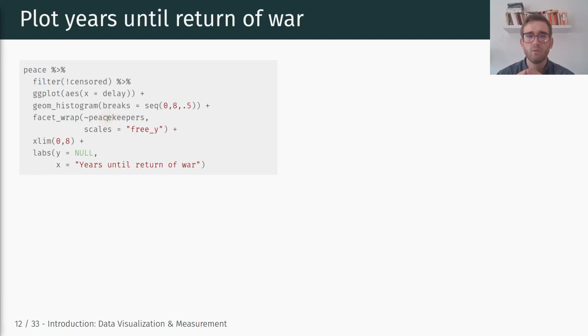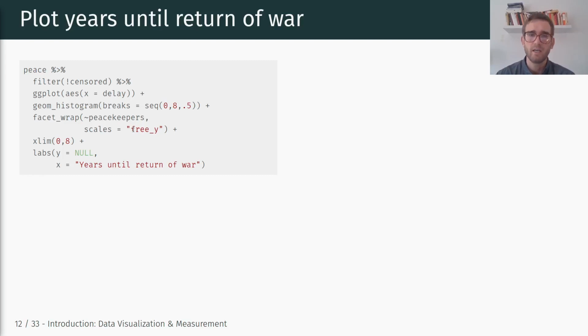We then want to separate this histogram by peacekeepers, for which we use the facet_wrap command, so that we have this comparison between countries with UN peacekeeping and countries without UN peacekeeping. We're also adding the option scales equals free_y, which means that the y-axis in both of these facets, in both of these panels, can differ from each other.